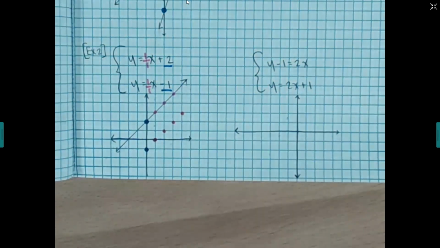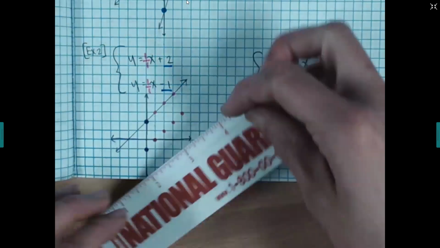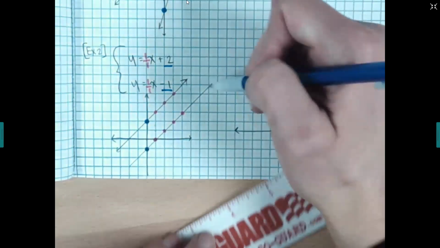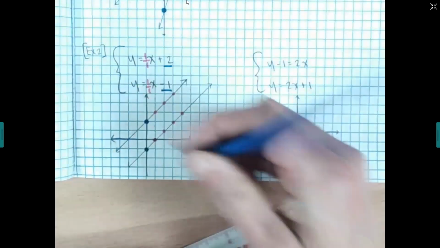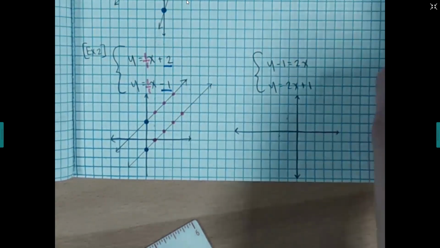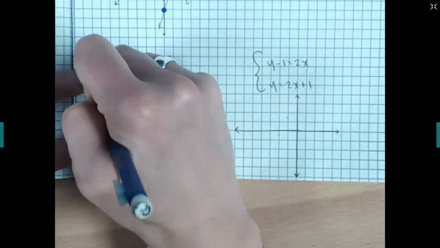Now, usually we're looking for where these two lines intersect. But in this case, they never will intersect because they are what we call parallel lines.